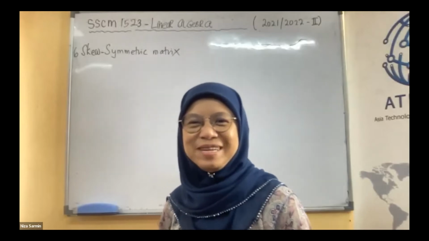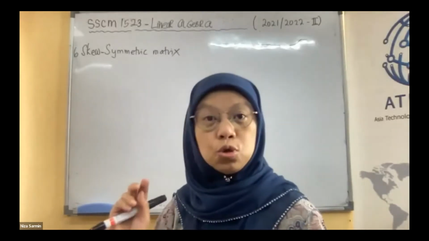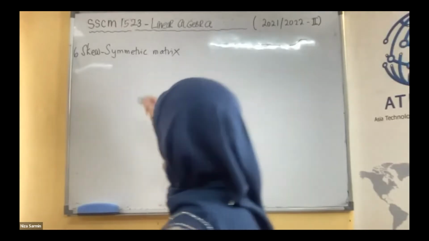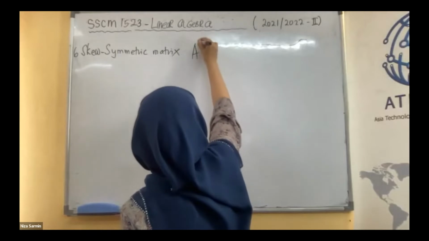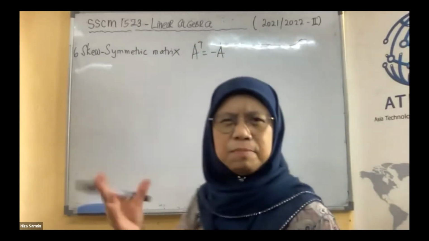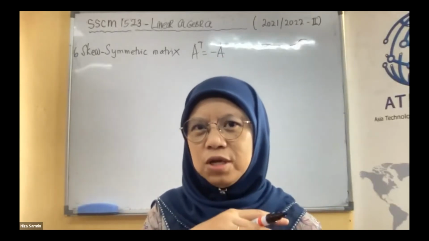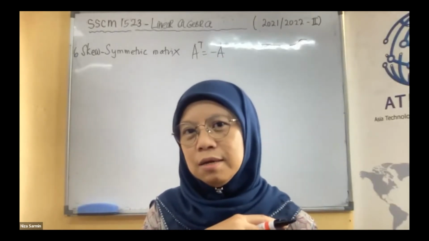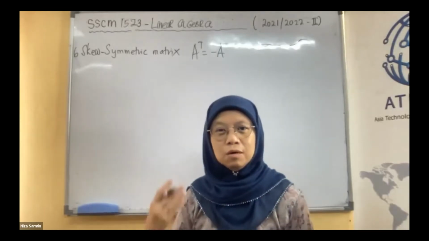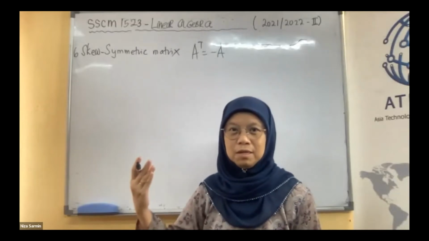Have you finished reading chapter 1? So a skew symmetric matrix is also a square matrix. A square matrix, and we have A transpose is negative A. It's a little bit different than before, right? Before, A transpose is A, but this one, A transpose is negative A. So how do you think about getting one example out of this?